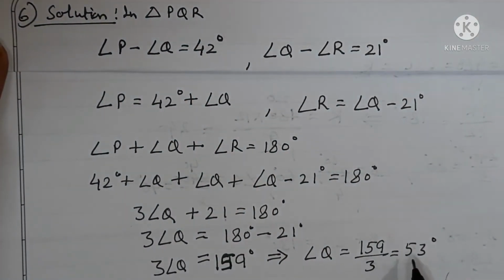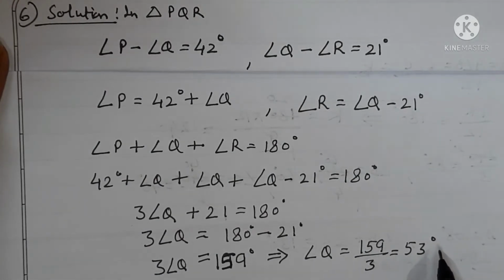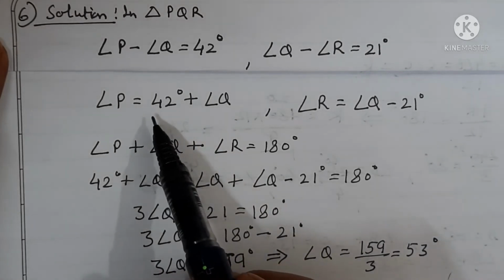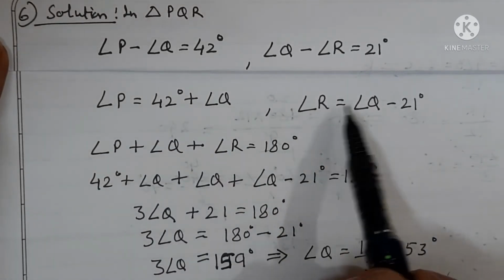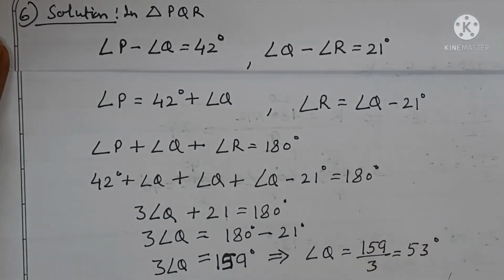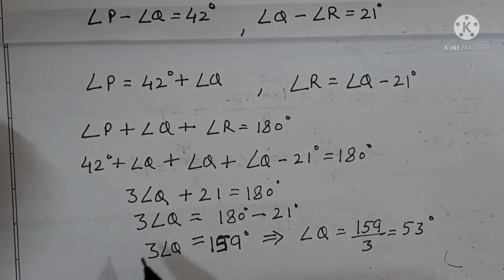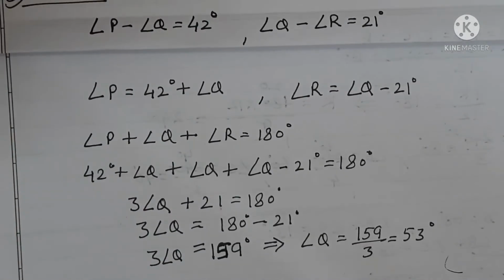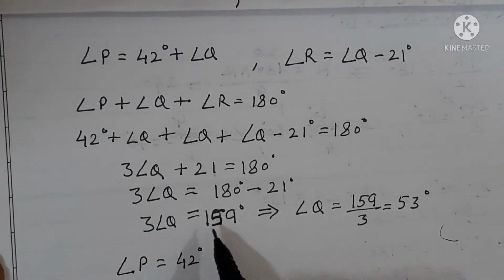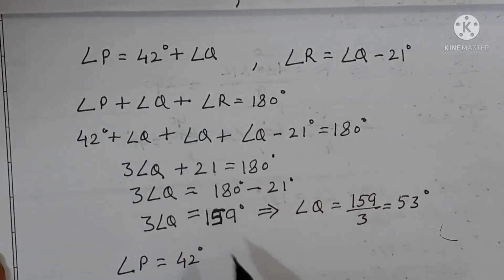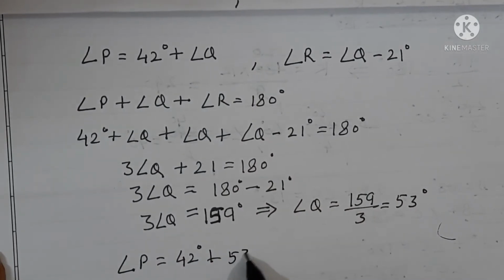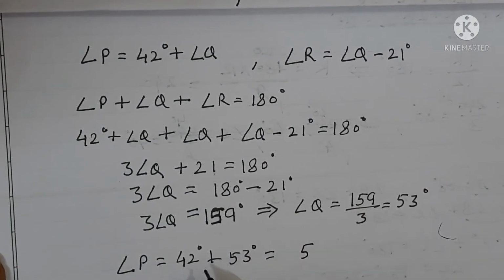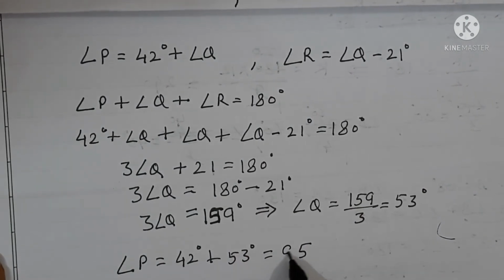So the value of angle Q is equal to 53 degrees. Now substitute this value here, and you will get angle P and angle R. Angle P is equal to 42 degrees plus 53 degrees, which is angle Q, so 95 degrees.